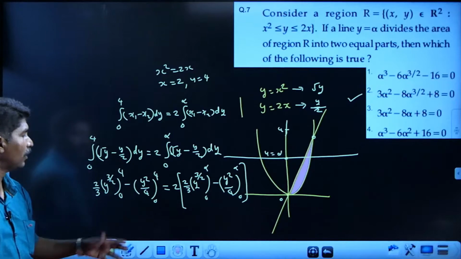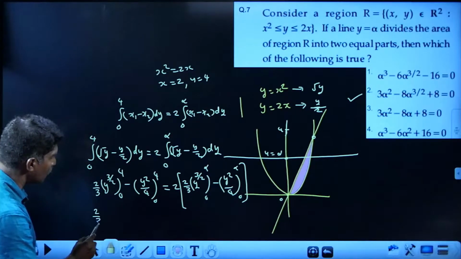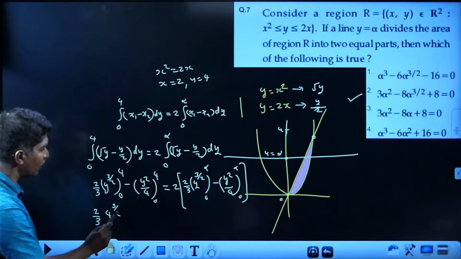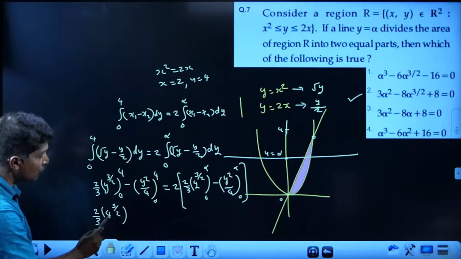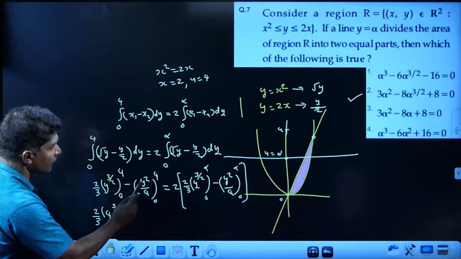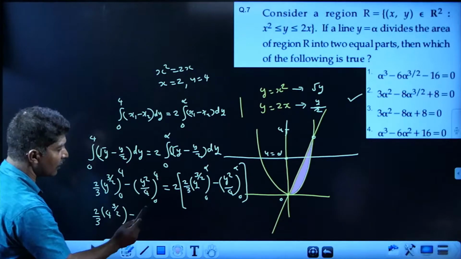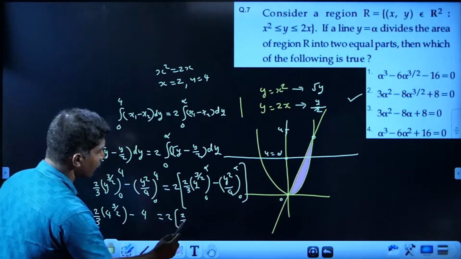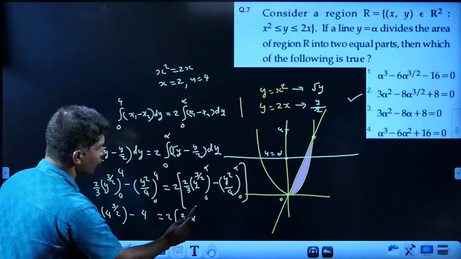The remaining part you can simplify: 2 by 3 into 4 raised to 3 by 2, 4 minus 0. So 4 raised to 3 by 2 is 2 cubed, minus 16 by 4, which is 4, equal to 2 times, again 2 by 3 alpha raised to 3 by 2.